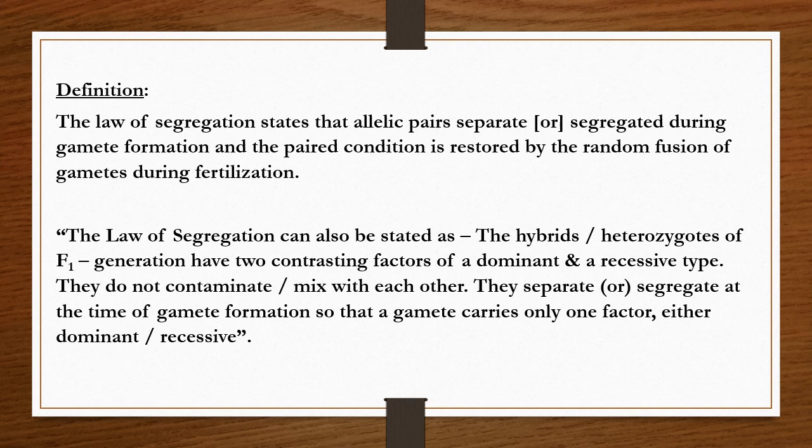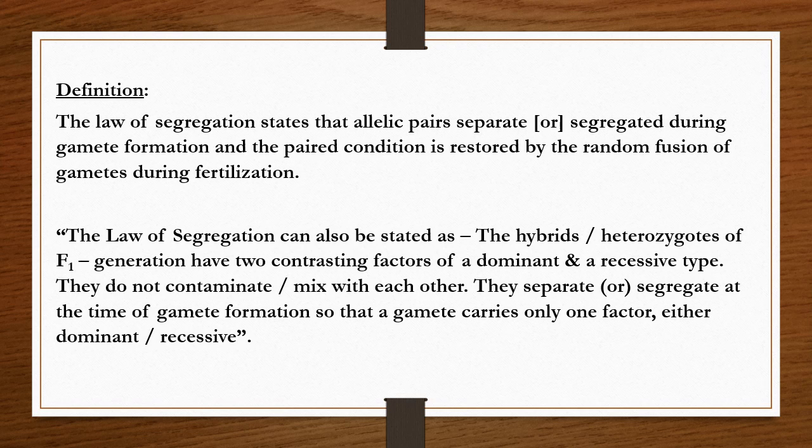They separate or segregate at the time of gamete formation, so that a gamete carries only one factor, either the dominant factor or the recessive factor. Children, be careful while reading this statement.